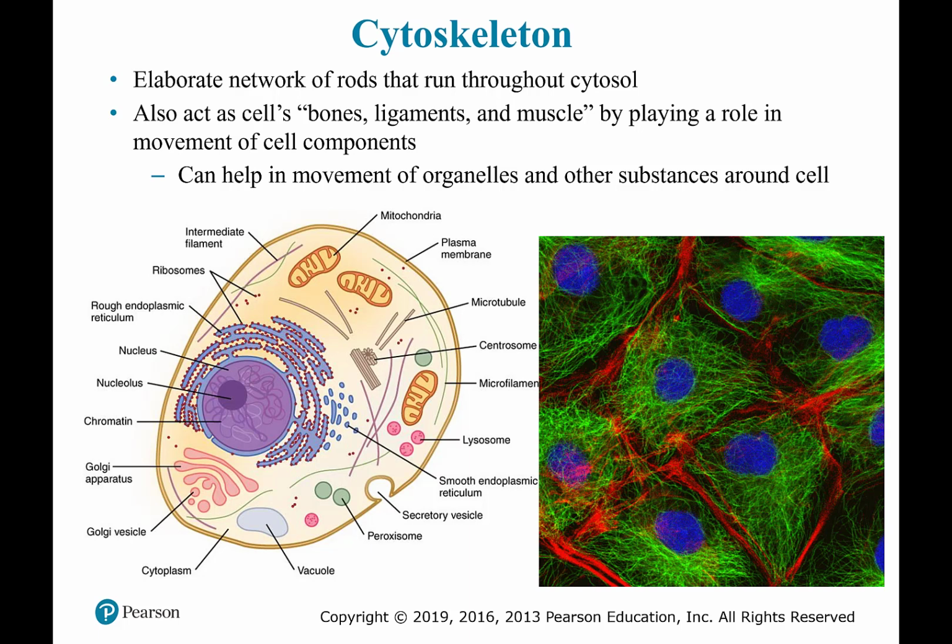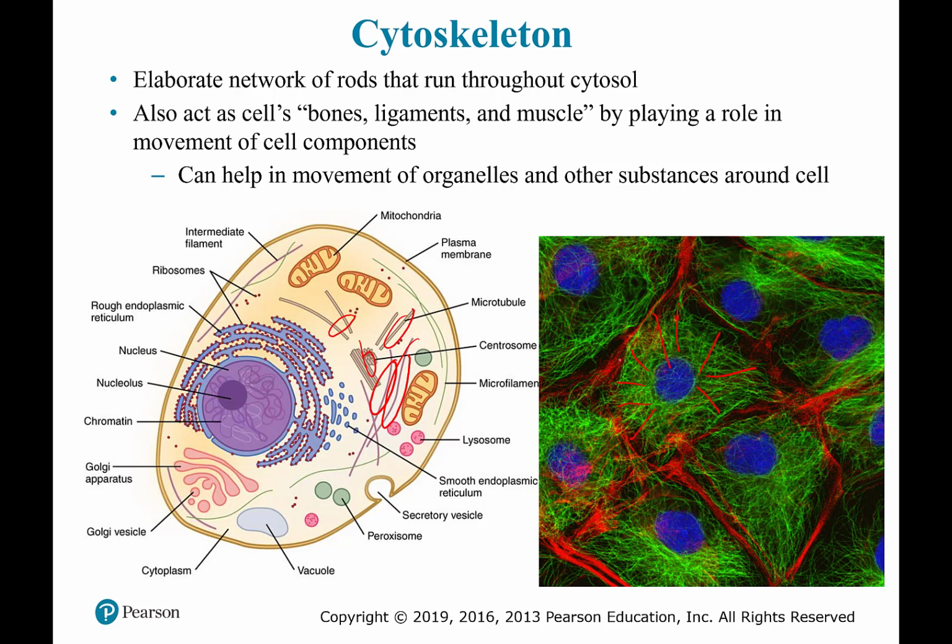Another way of thinking of the cytoskeleton is as the cell's bones, ligaments, and muscles that help stabilize the cell shape and help things move around within the cell. You see these little stringy things there, these are cytoskeletons. You can also see these green strings. Those are cytoskeletons.